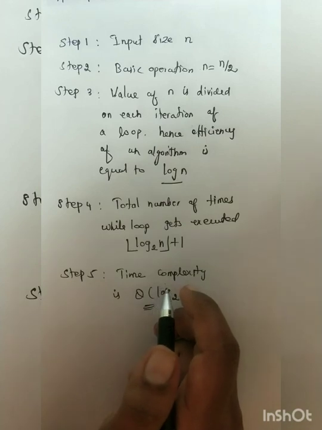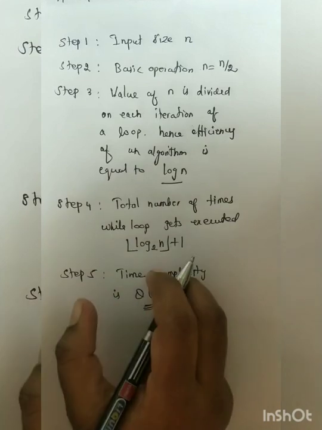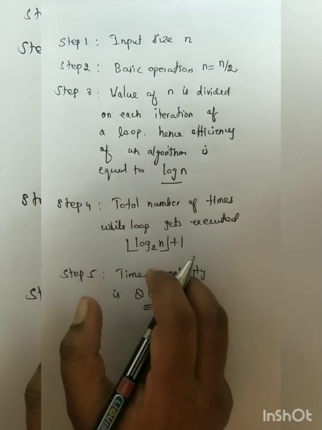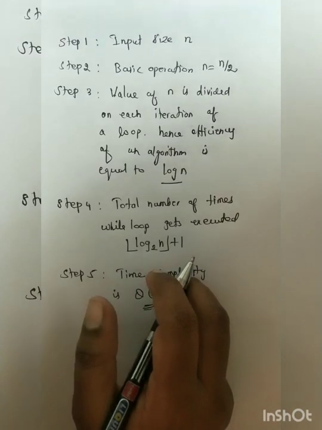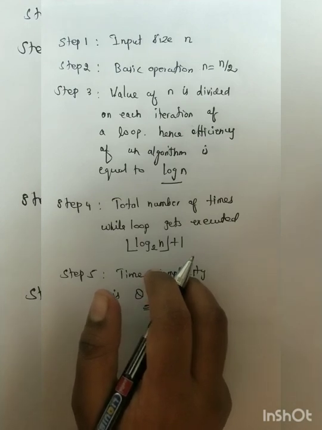In the previous lecture and this lecture, we discussed examples of mathematical analysis of non-recursive algorithms. Once again we can recall the steps, based upon these 5 steps. The first step is to identify the input size. The second is to identify the basic operation, which is mostly present in the innermost loop.